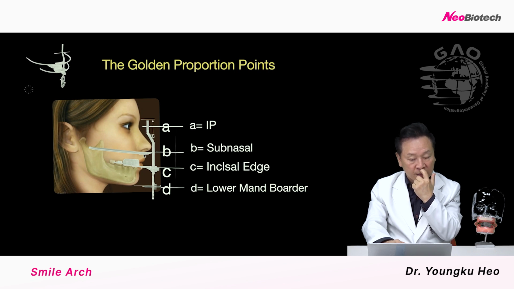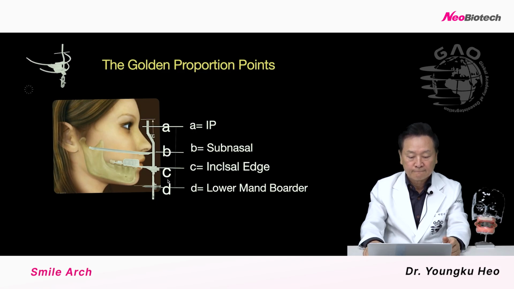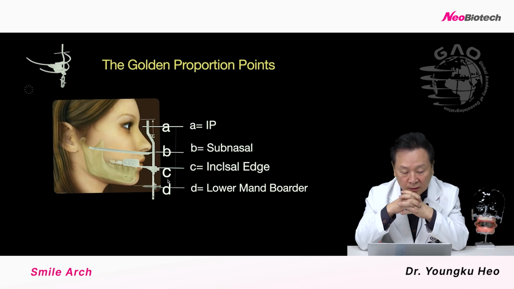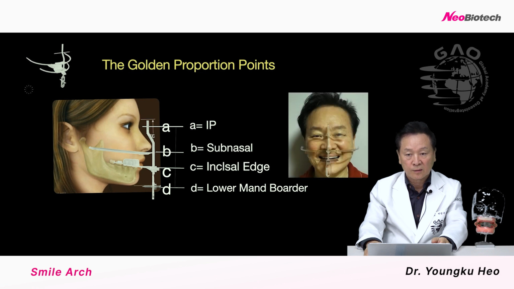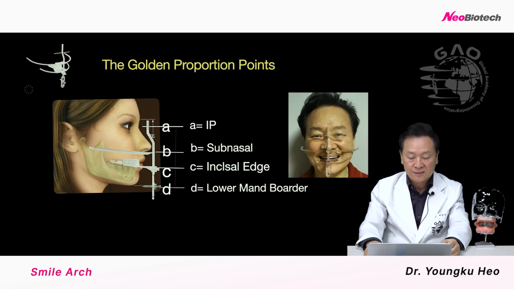And also C is inside the edge, and there's a D. There's a golden proportion among these points. We did a study on that golden proportion of the face, and we realized that we can utilize it to determine vertical dimension and also the smile line.